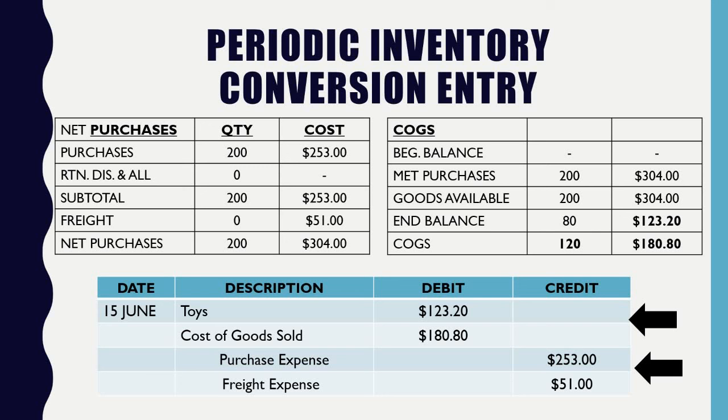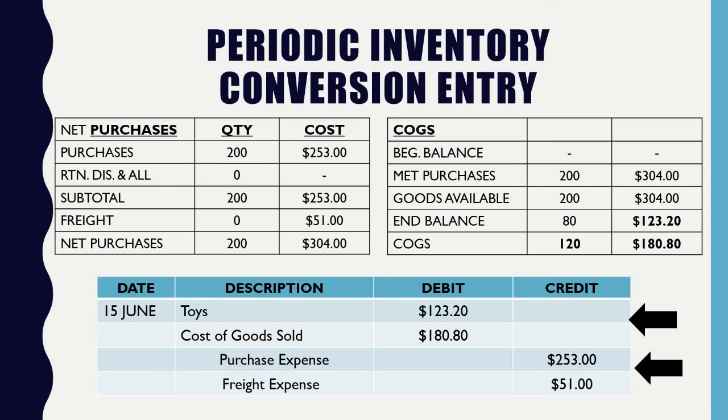And then, of course, we don't have it because what we originally purchased was 200 items. So cost of goods sold is an expense. Therefore, I need to get rid of it because I no longer have it. We've already calculated that in the inventory worksheet, and I recognize that I have $180.80.